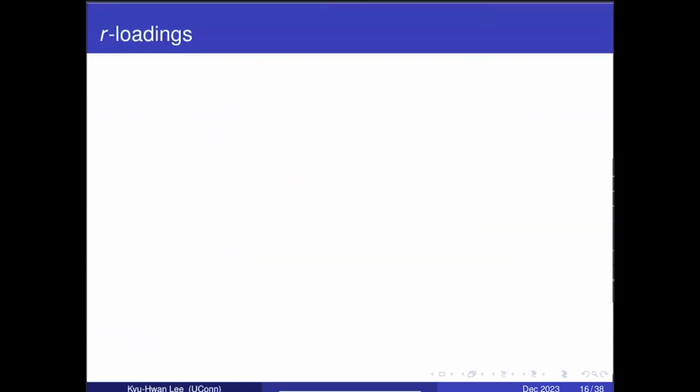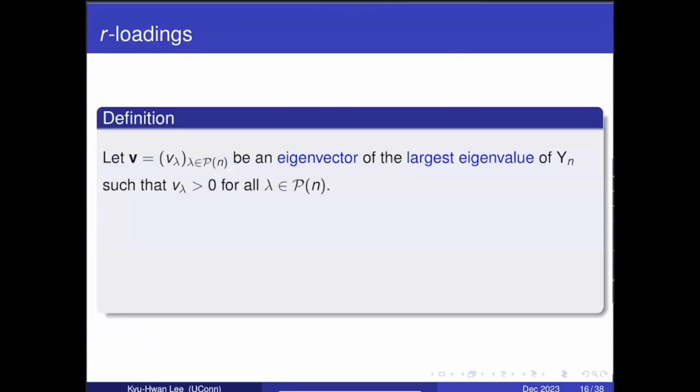We are interested in the eigenvectors, in particular the largest eigenvalue and the corresponding eigenvector. Let us consider this vector V, an eigenvector of the largest eigenvalue of this matrix Yn. If you consider PCA, this is just the first principal direction of the data set.